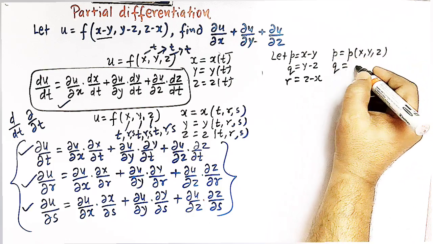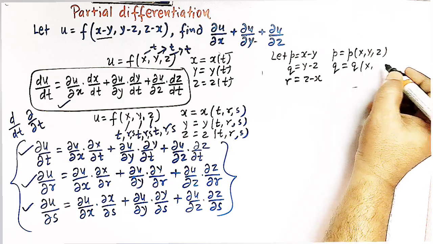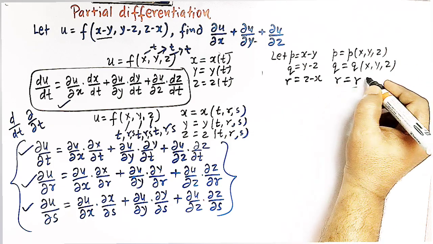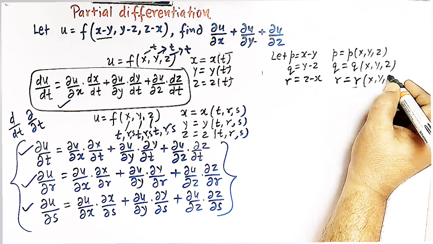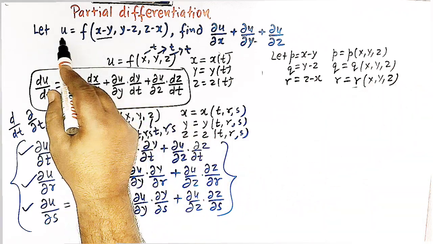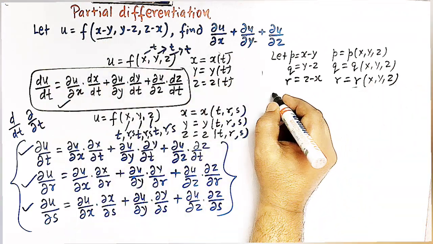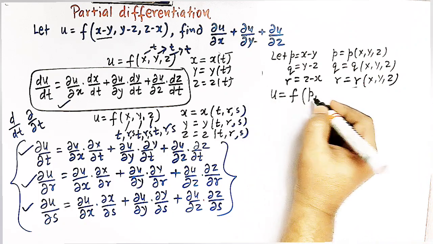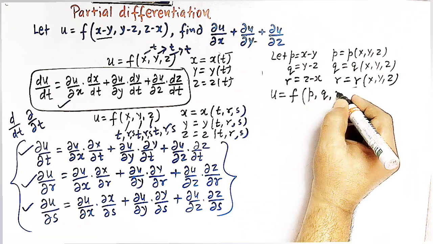Similarly, q can be taken as a function of x, y, and z, and here we have r is a function of x, y, and z. So now we can write this expression, that is u is equal to f of p comma q comma r.